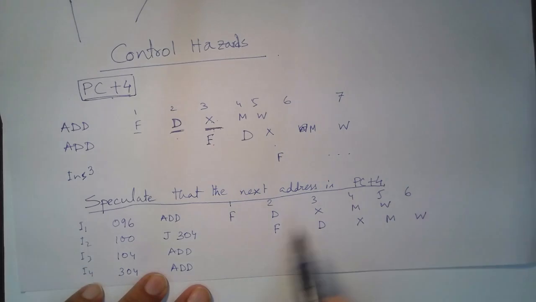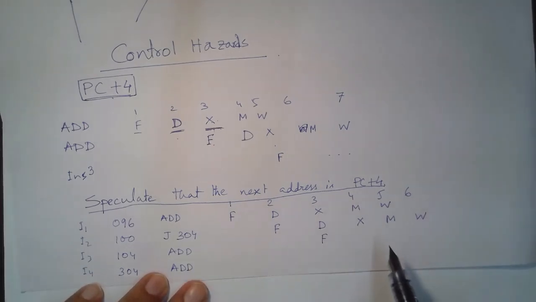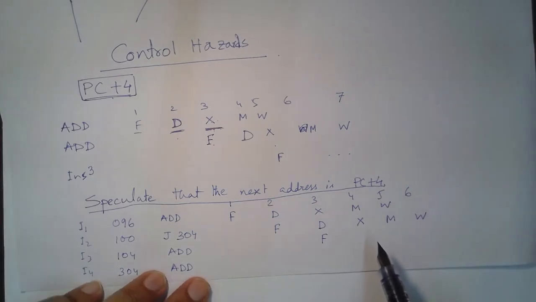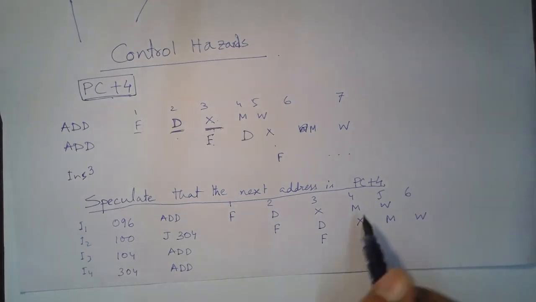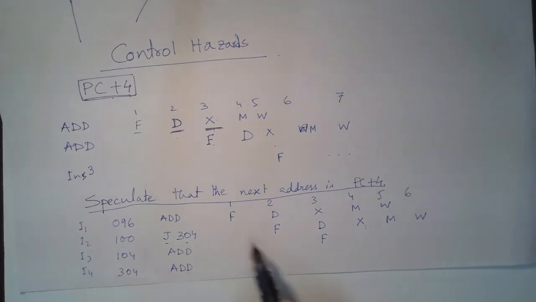So with this speculation, we will go ahead and fetch the next instruction as well. Now in clock cycle number 4, you are already in the execution stage of the jump instruction, and you realize that this is a jump instruction and this is the destination from where the next instruction has to be fetched.